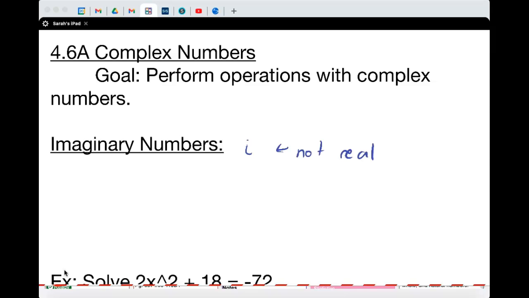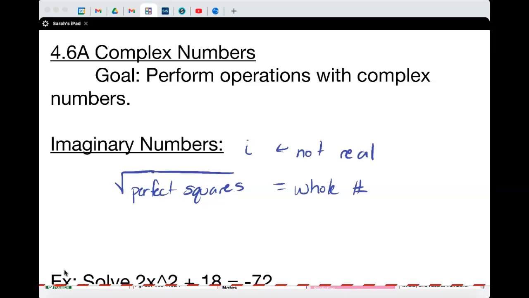Imaginary numbers come from taking the square root. I can only square root a certain type of number. What numbers can we technically square root? Perfect squares, and I would get out a whole number.